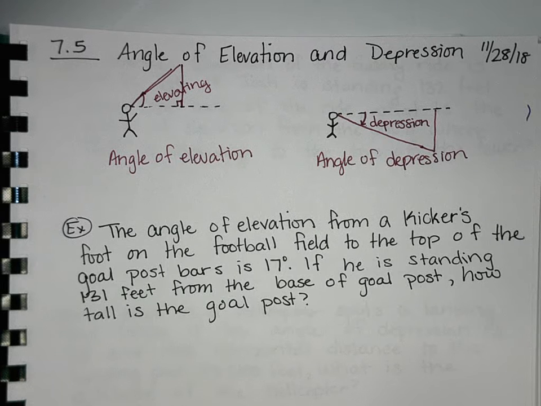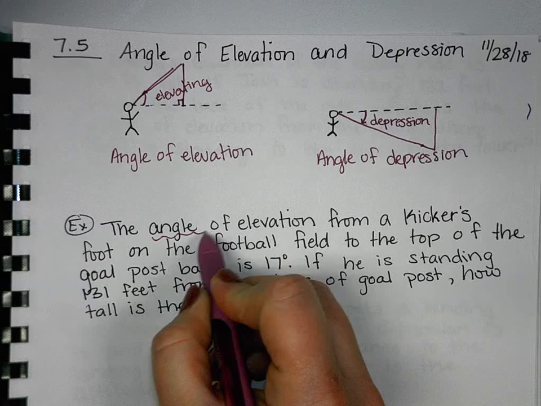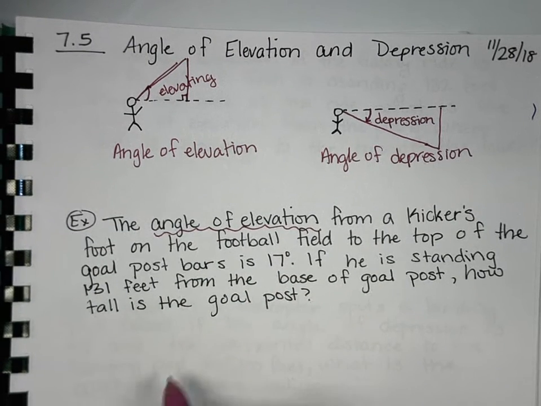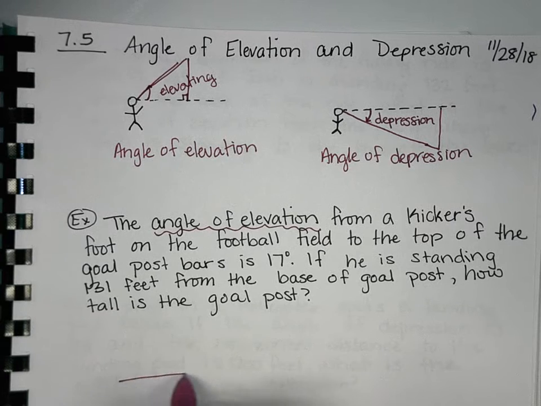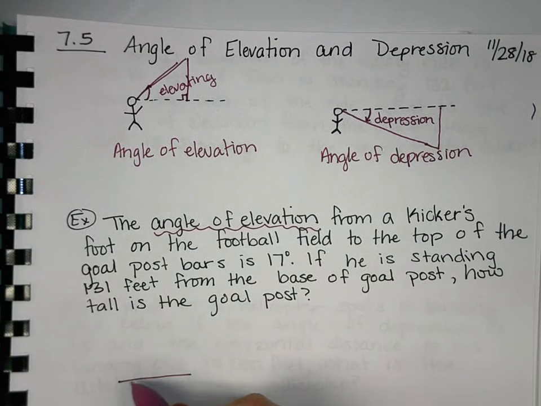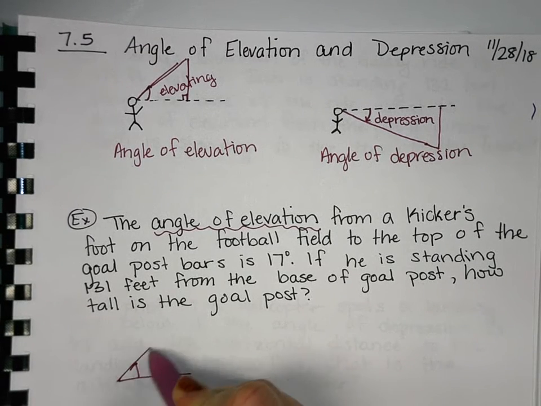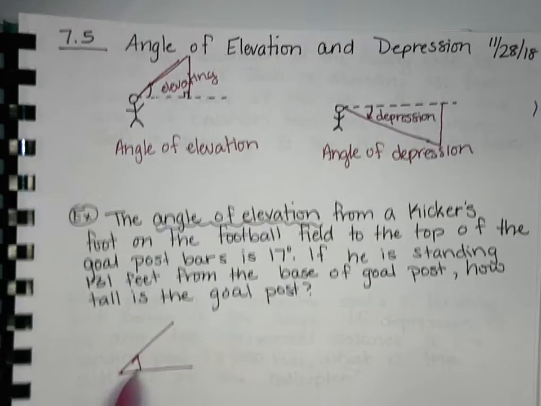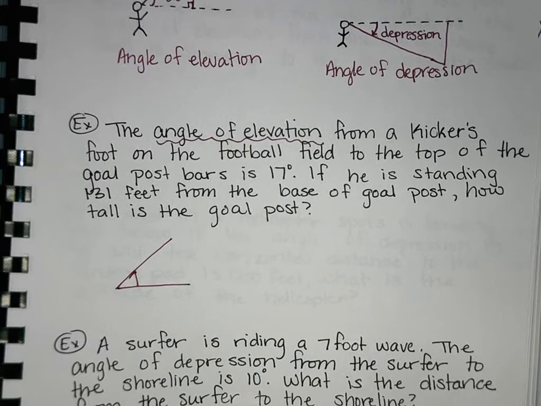So the first one we have here is talking about a kicker on a football field. And it's saying that the angle of elevation, so what does that right away tell us in our picture? That we're going to have a horizontal line measured up. So I know I'm going to be given an angle of elevation here. Let me move that up so you guys can see.